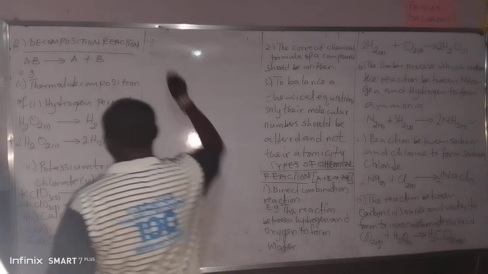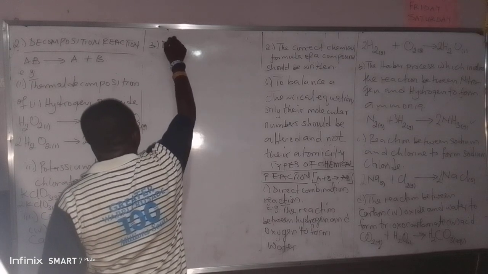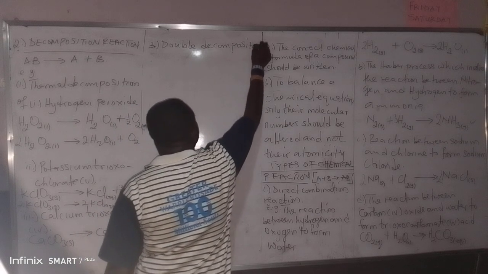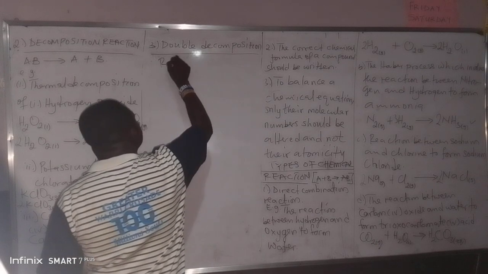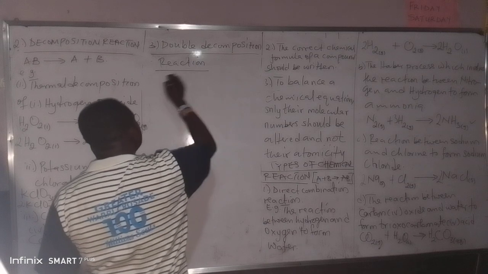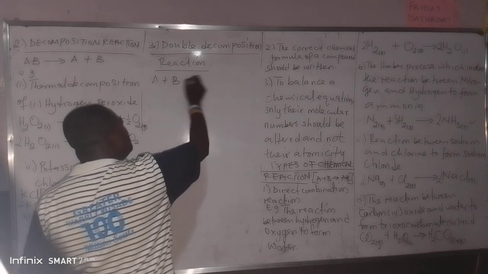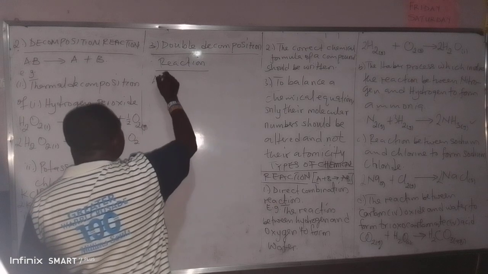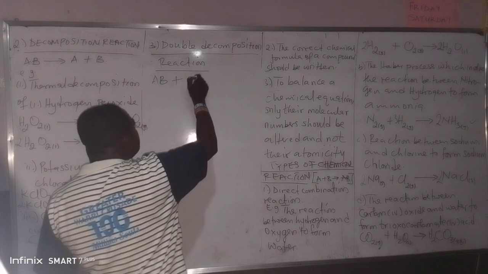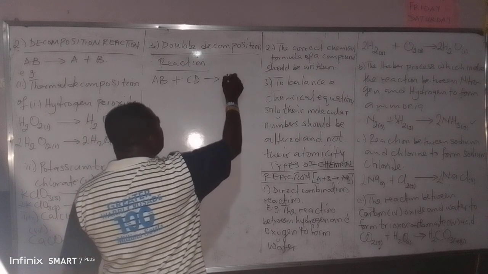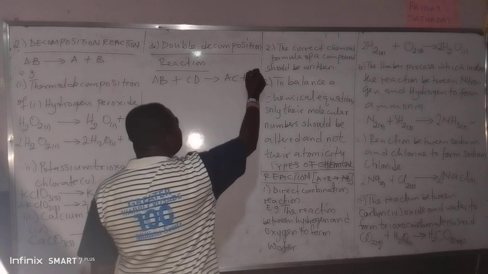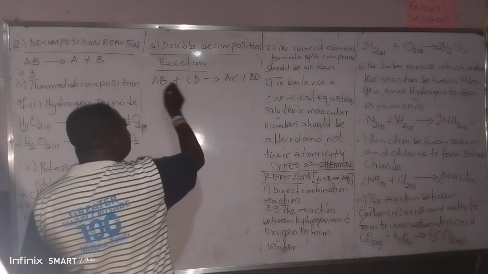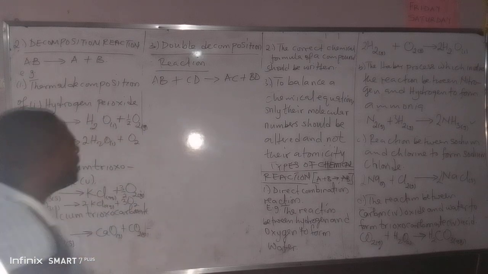Here in this one, AB plus CD will give me AC plus BD. So they interchange their parts. A has combined with C and B has combined with D. So they interchange their radicals.